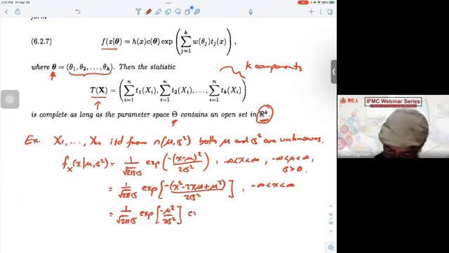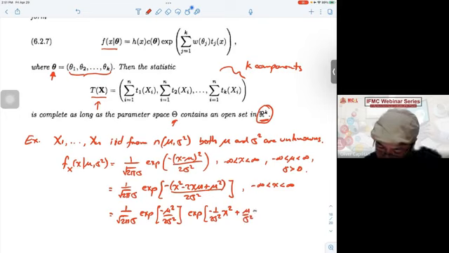And then we have also the exponential function. Ano yung exponential function natin? We have negative 1 over 2 sigma square, x square plus 2x mu over 2 sigma square. So mu over sigma square, then x.